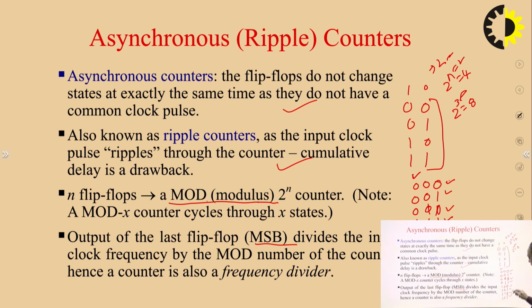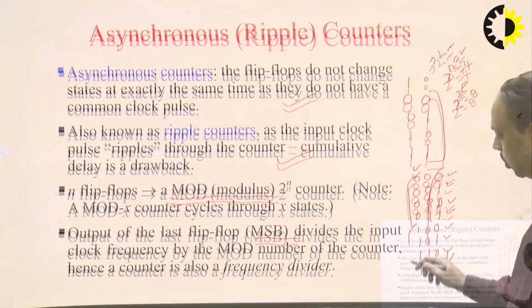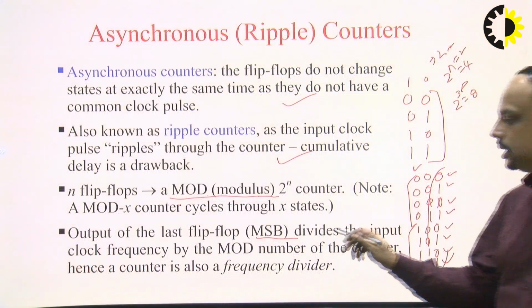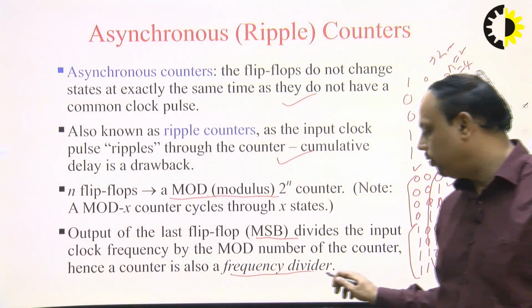So it takes 8 clock pulses to go through count 0 to count 7, while the most significant bit flips only twice. So this is also used as a frequency divider circuit.